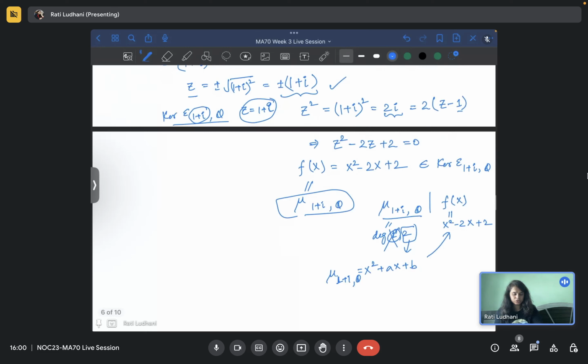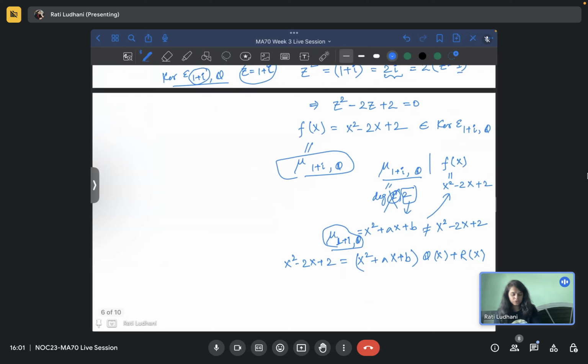Otherwise, if this is not equal to x square minus 2x plus 2, then from the division algorithm, x square minus 2x plus 2 has to divide it, giving q(x) plus r(x).